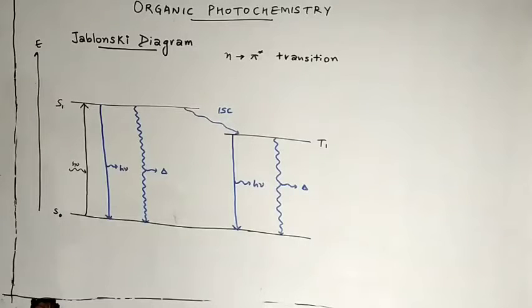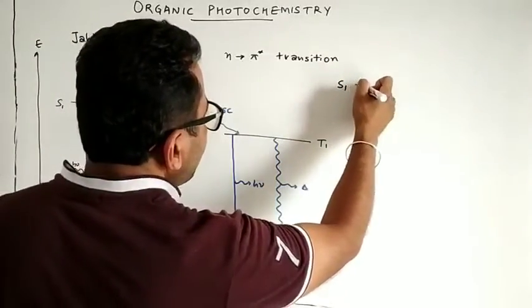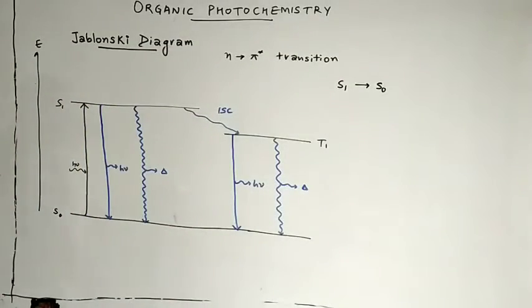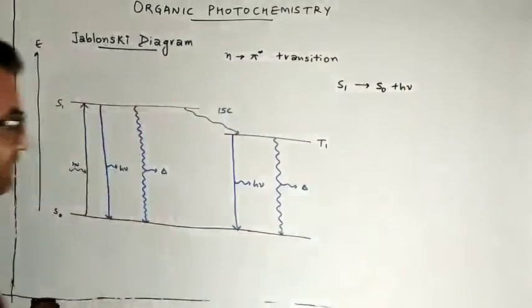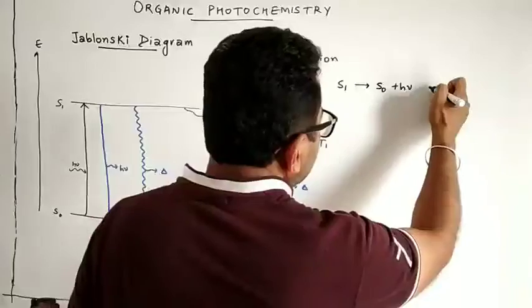Now we will write their specific names. First of all, this S1 to S0, the ground state, by emitting light.